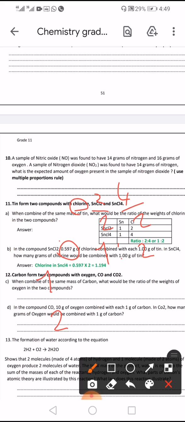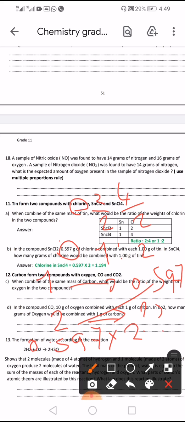In the first compound, the mass of chlorine is 0.597. So what about the second compound? The mass of chlorine in the second compound, cross multiplication, 0.597 times 2. That's it.